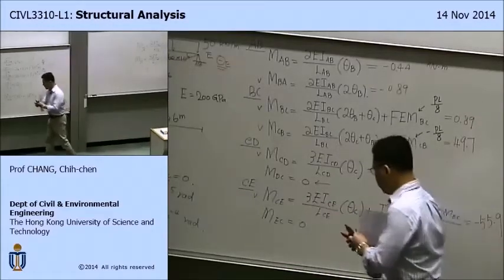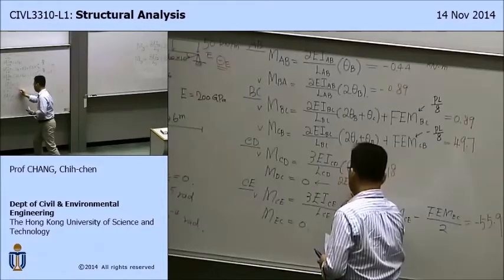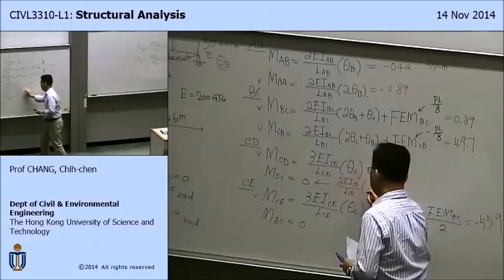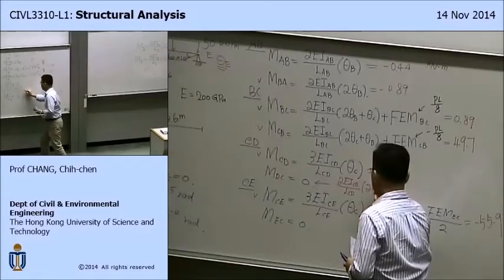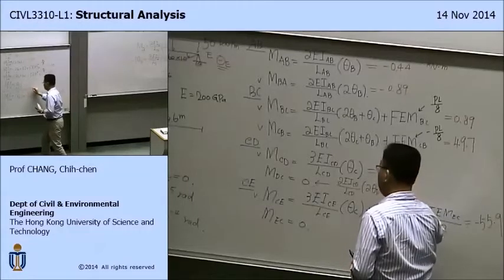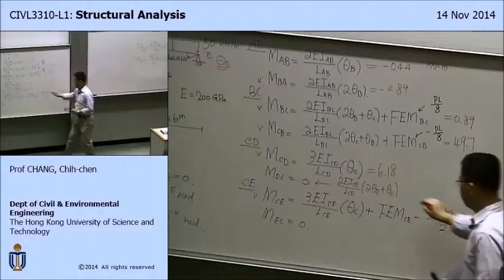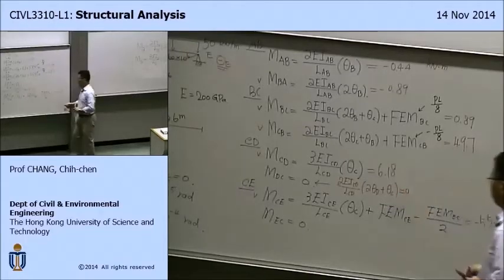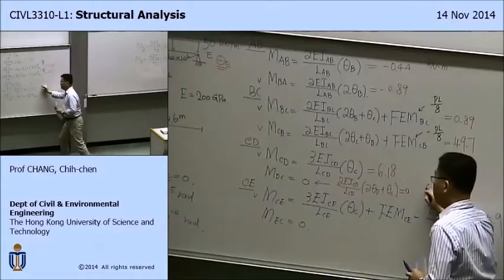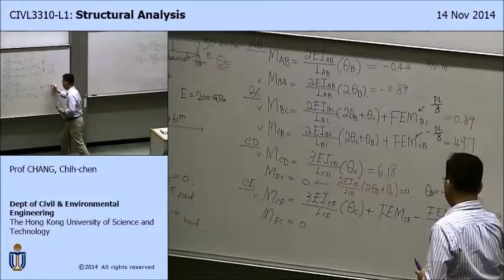So if you expand our equations, it's 2EI over LCD, 2 theta D plus 1 theta C, no rigid body rotations and no fixed moment. So this should be equal to 0. So it tells you that theta D is minus 0.5 theta C.